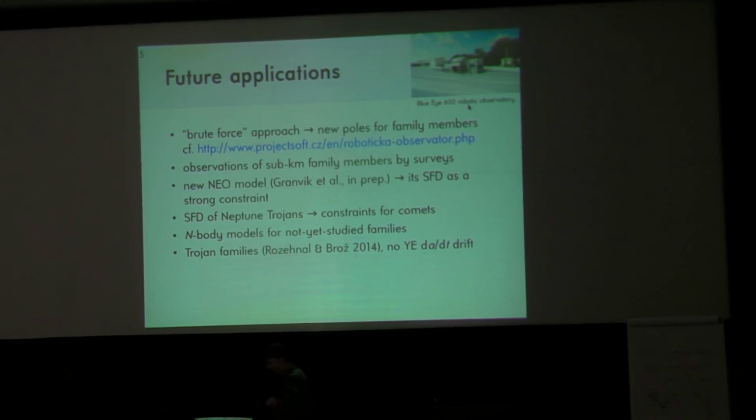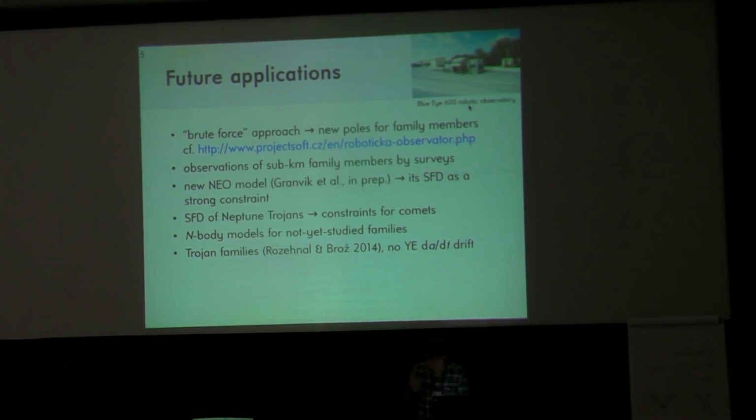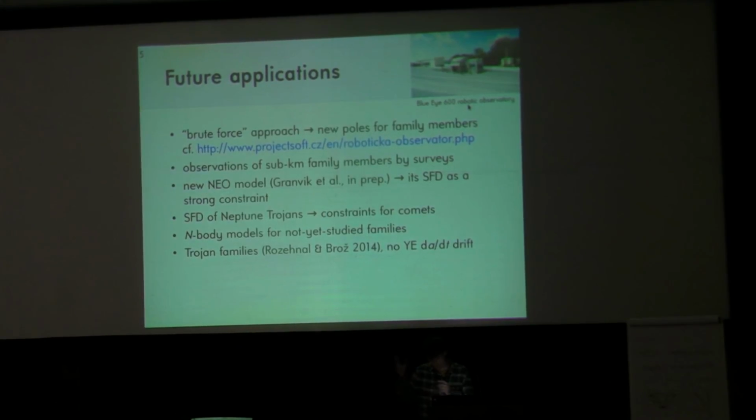So I think the way to go with the asteroid family business is the following. Either use brute force, to observe what is not observed. We try to take part in this using a robotic observatory, which is supposed to be working this year, and in the course of the next few years we are going to observe so-called targeted photometry to get measurements of asteroids which are suitable for the derivation of shapes and spin states.